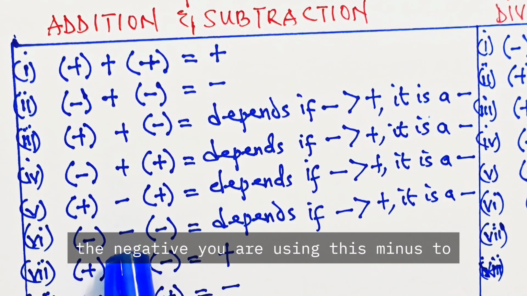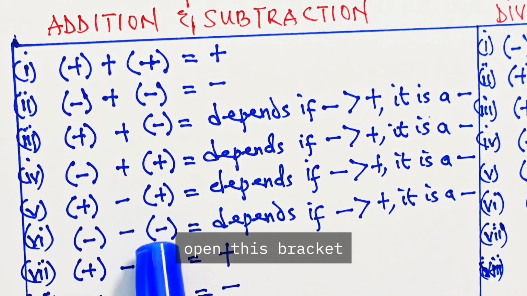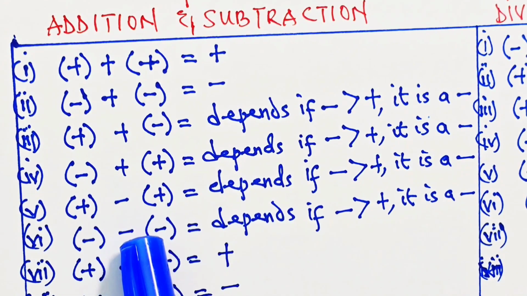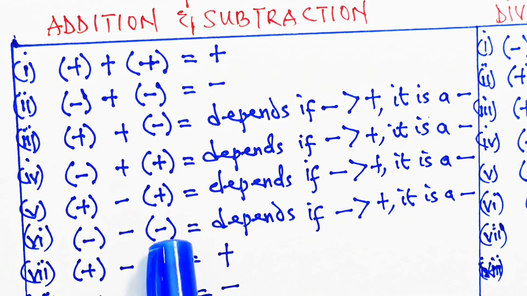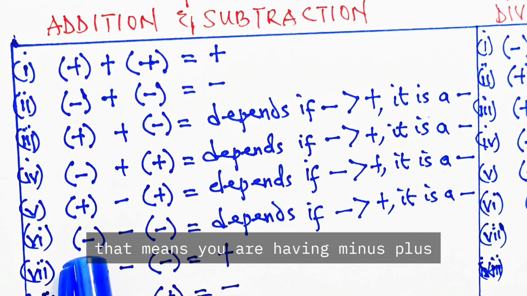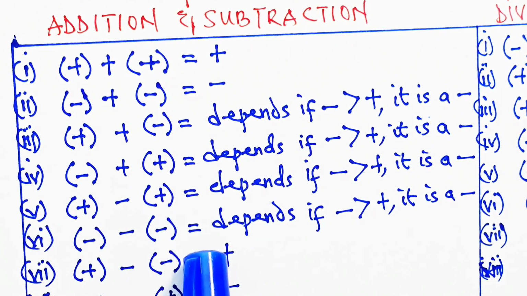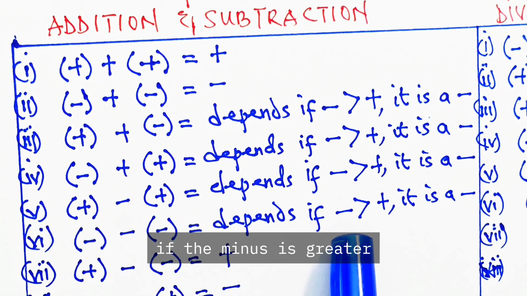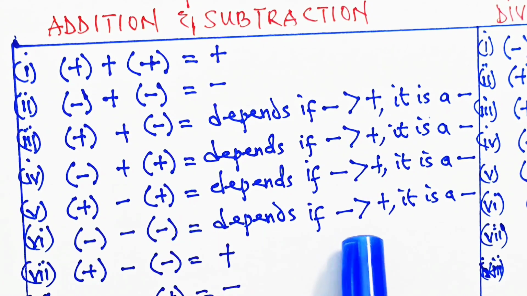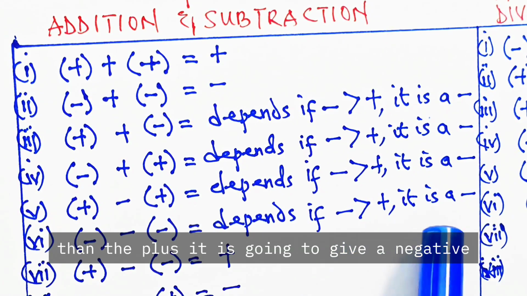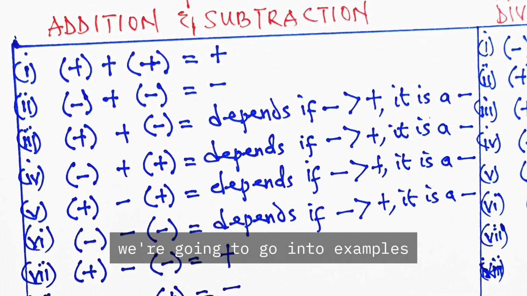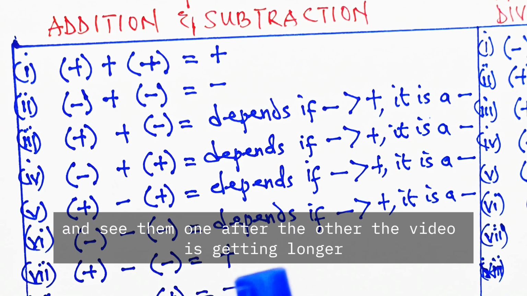You are using this minus to open this bracket and it becomes plus. When it becomes plus, that means you are having minus plus the integer. So that is why if the minus is greater than the plus, it is going to give a negative. We're going to go into examples and see them one after the other.